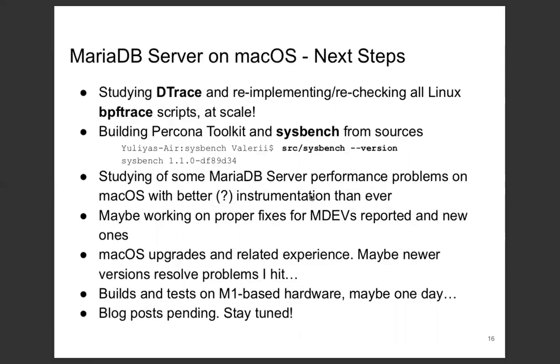So to summarize, what's next? I have to recall and study DTrace internals, re-implement and recheck all the Linux BPF trace scripts I have. And from what I see, DTrace scales better, so I have huge hopes that the impact may be smaller, or I can use more probes, or I can trace more log calls, maybe specifically with such a simple tool.